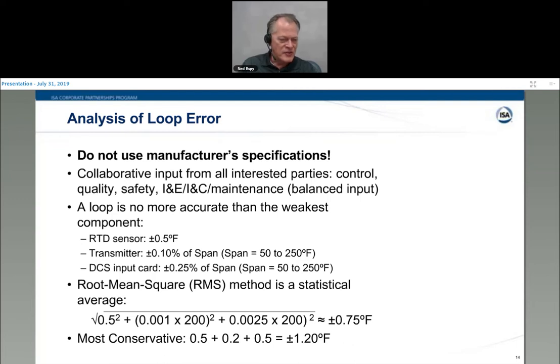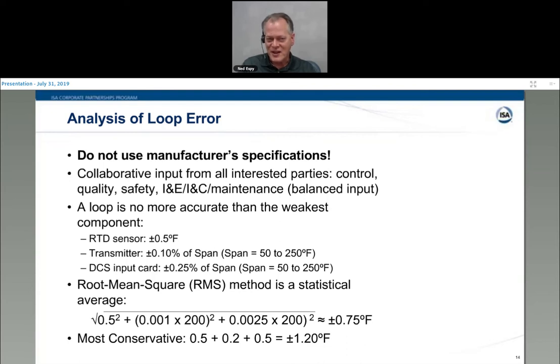So in this case, we take the 0.5 for the RTD and square it. We take the percent of span tolerance, the tenth, which is 0.001 times a span of 200, and square that number.